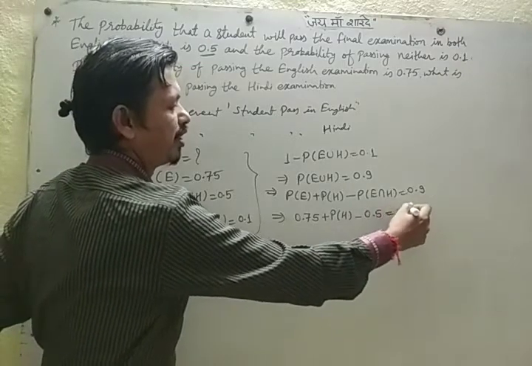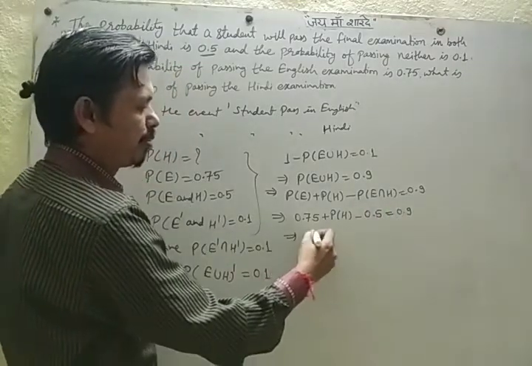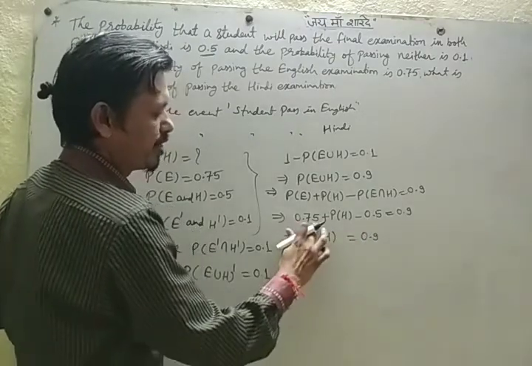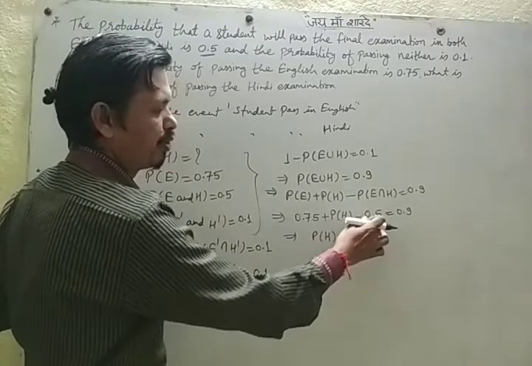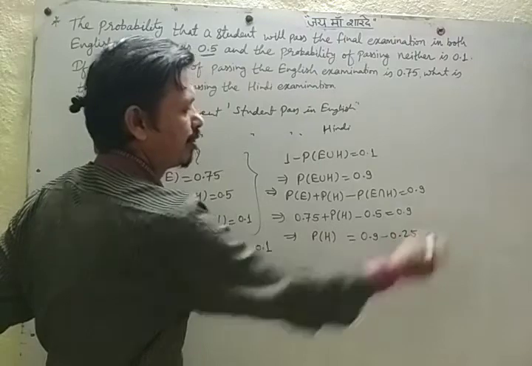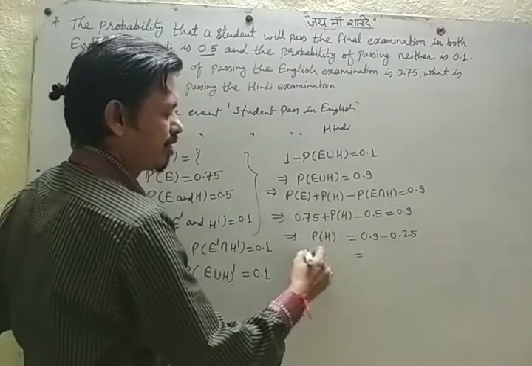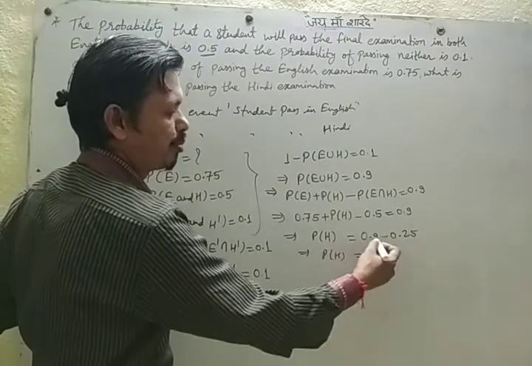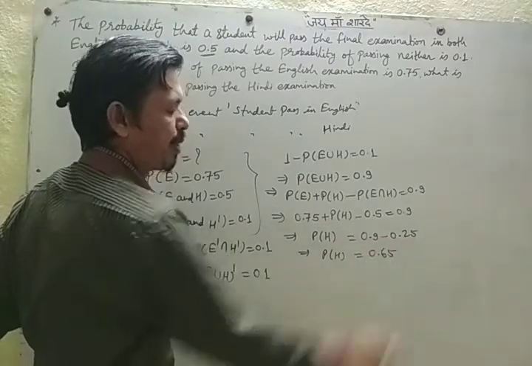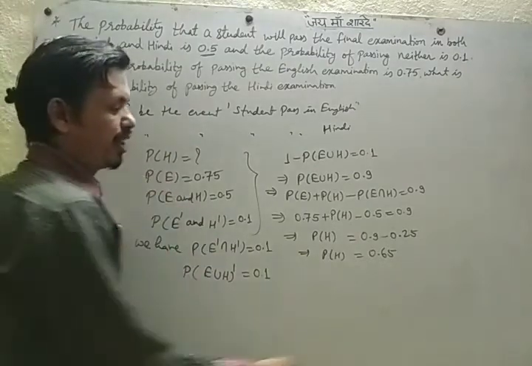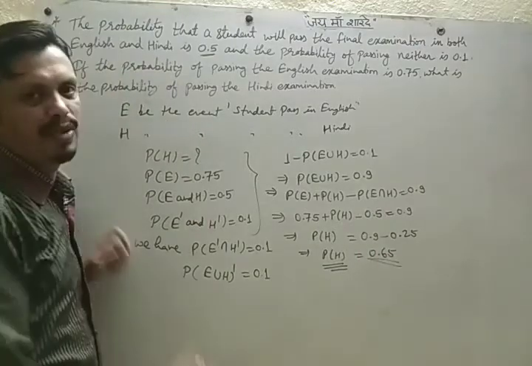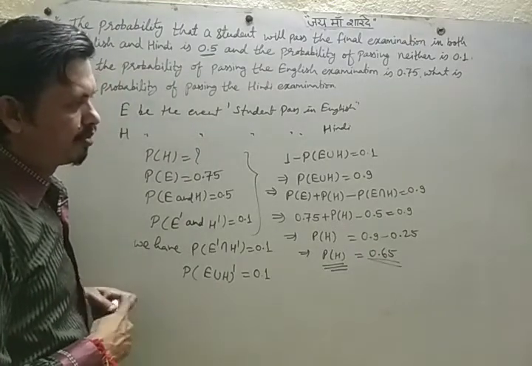So this will give P of H is equal to 0.9 minus 0.75 plus 0.5, which is 0.25 when moved to the other side, so it becomes negative. So P of H is equal to 0.90 minus 0.25, which is 0.65. This means the probability that the student will pass in the Hindi examination will be 0.65. Okay, note down.